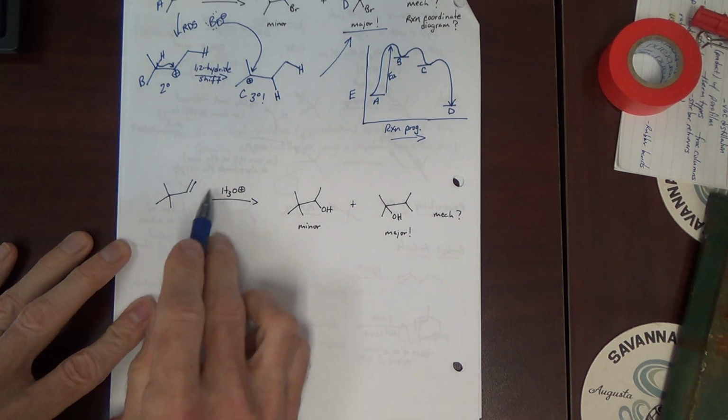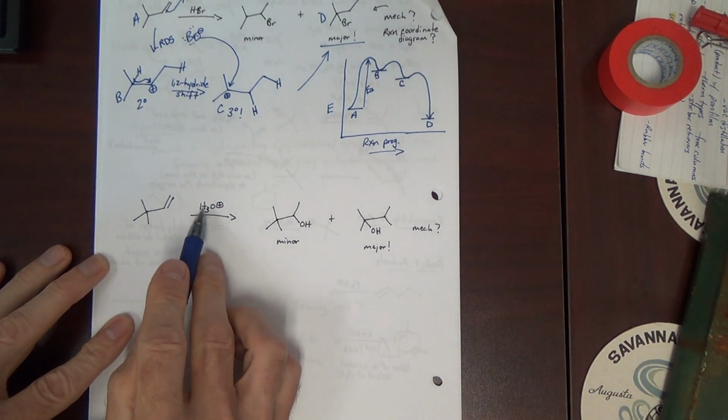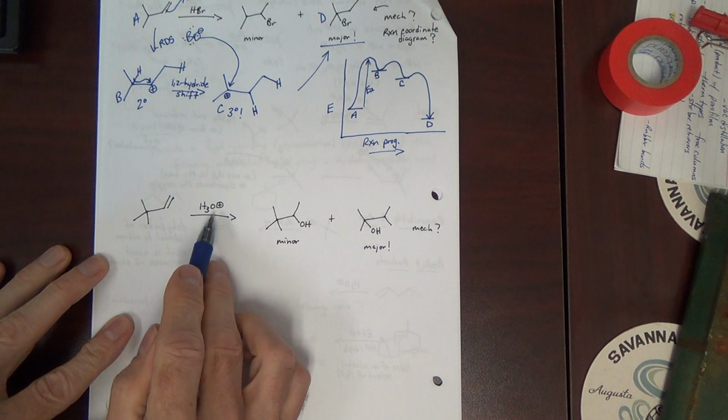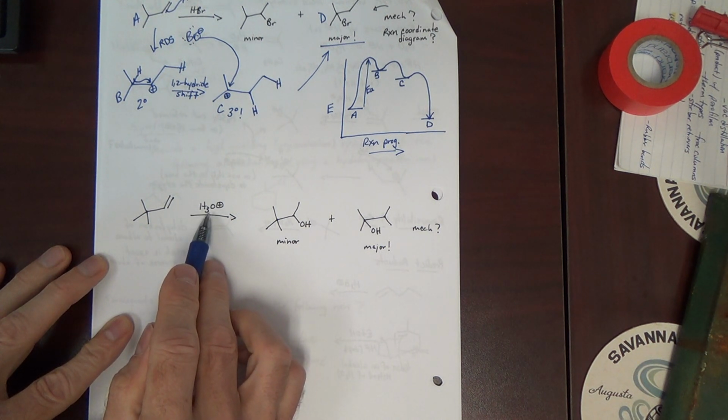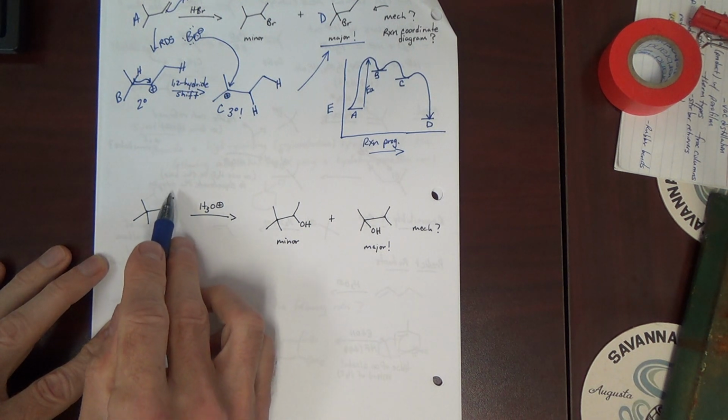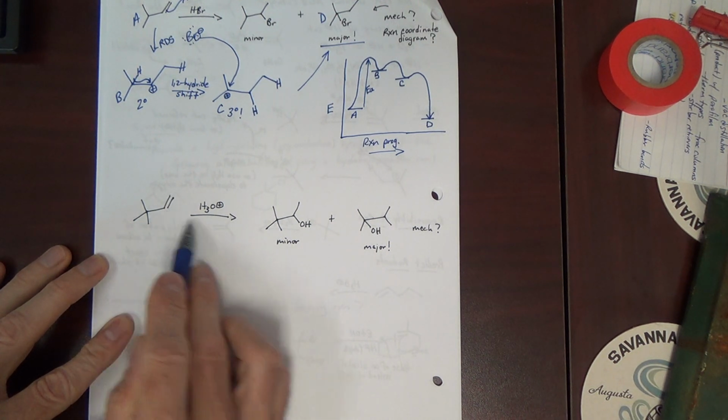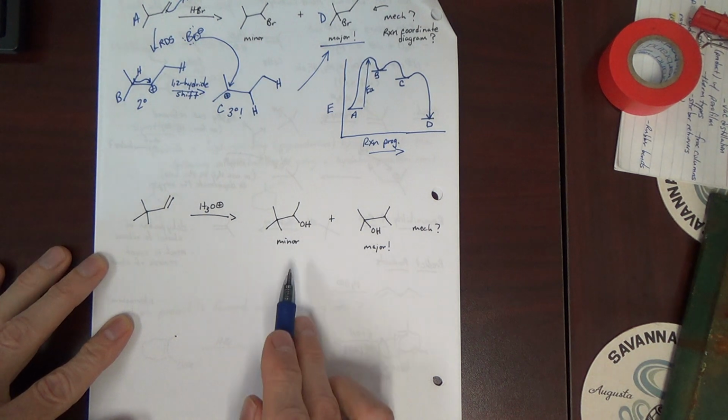Now here it looks like we're hydrating an alkene. We have just aqueous acid. There's no halide. Carbocation should be top or bottom, should be bottom. Water adds, looks like we should get this alcohol.